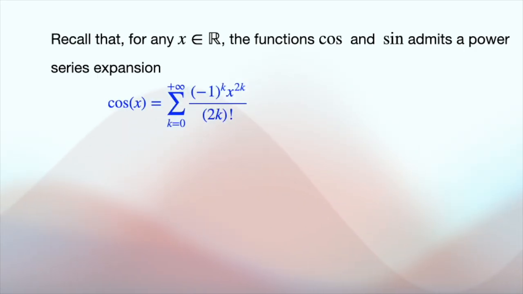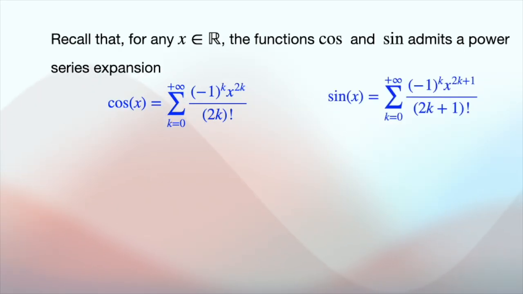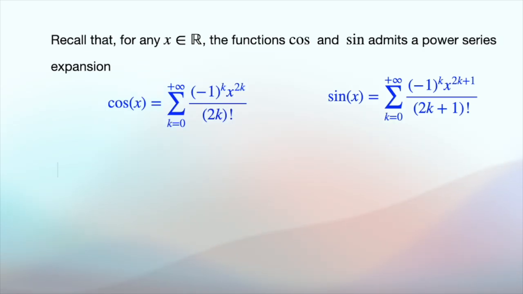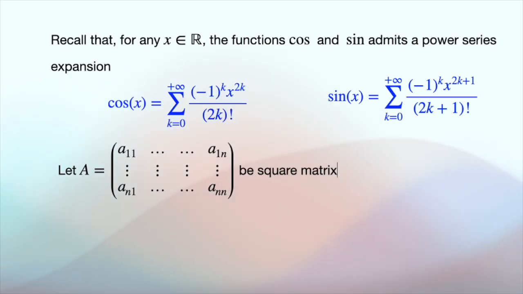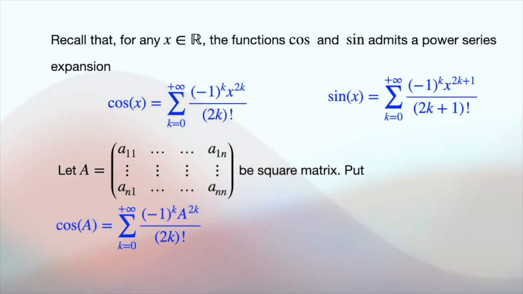To do that, we first need to recall the power series expansion of cosine and sine given by these two formulas. And as you can see, we can use this expression of cosine and sine as a sum to replace x by a square matrix.